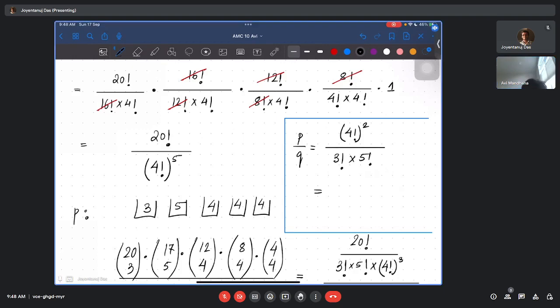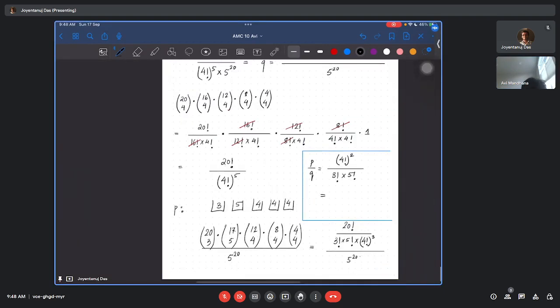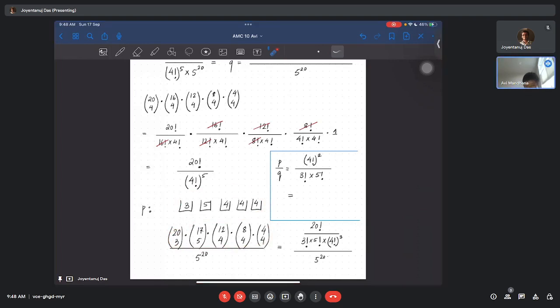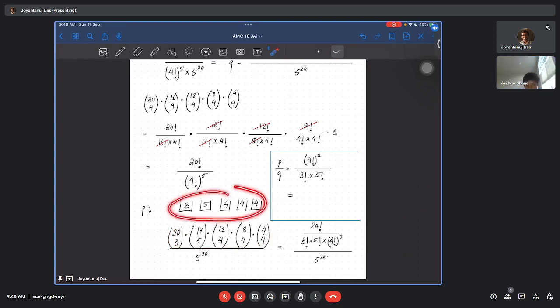Okay, so I think one more thing we have to add into this consideration, into the numerator. This is the number of ways we have arranged this particular thing, but there can be an arrangement between them: which bin is getting the five balls?